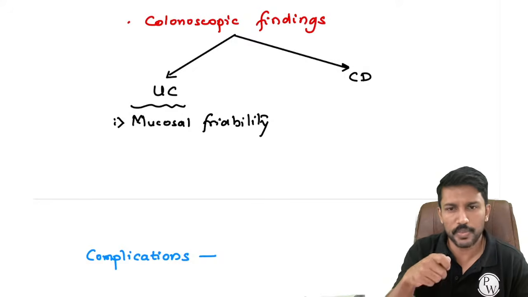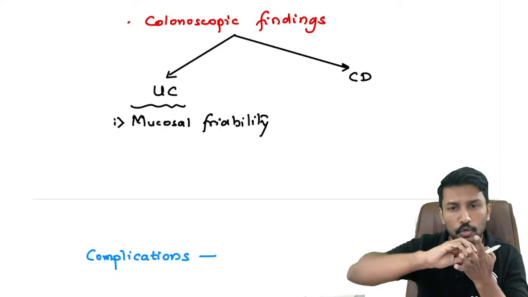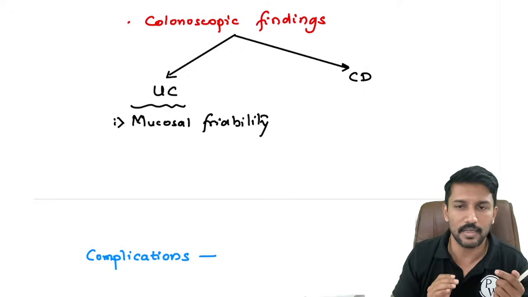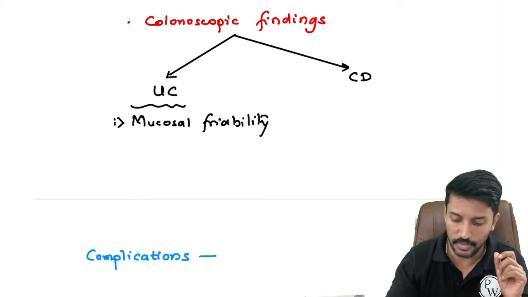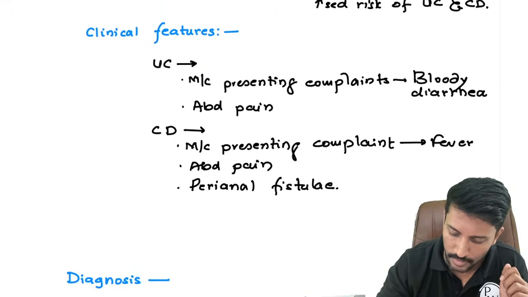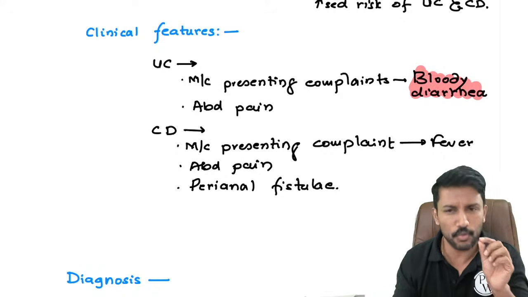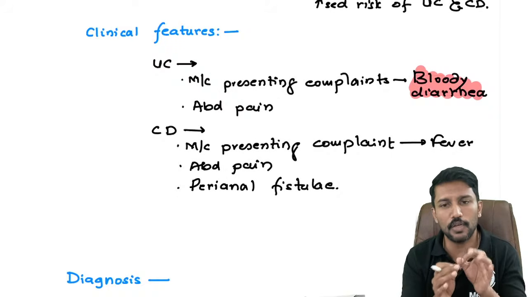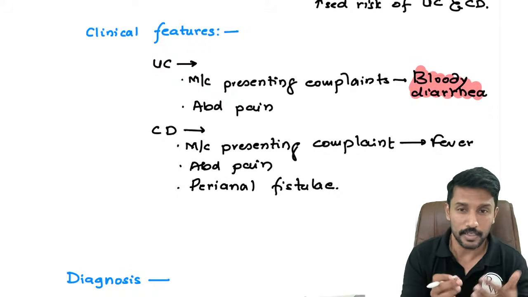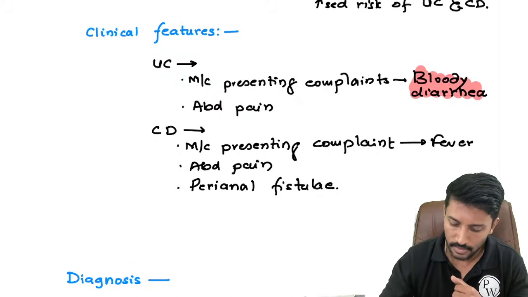So when an endoscopist is doing the colonoscopy, even when the colonoscope brushes against the mucosa, it may cause some tear and result in bleeding. That's why these patients generally present with, what is the presenting complaint of ulcerative colitis patients? It is usually bloody diarrhea, because their mucosa is inflamed and highly vulnerable to injury. The moment you brush it, it may injure and start bleeding.